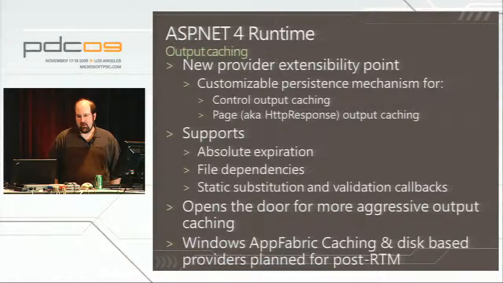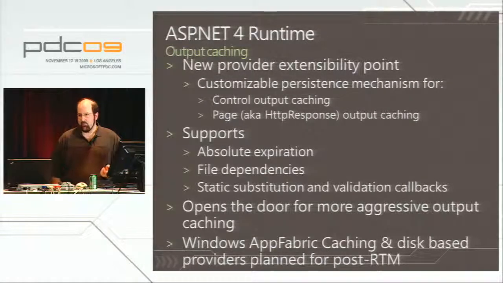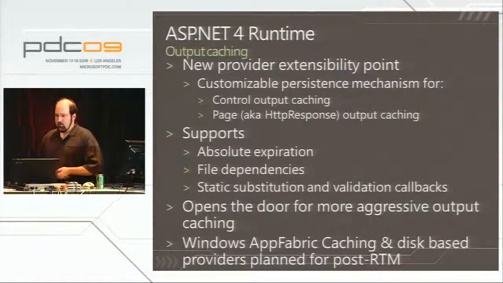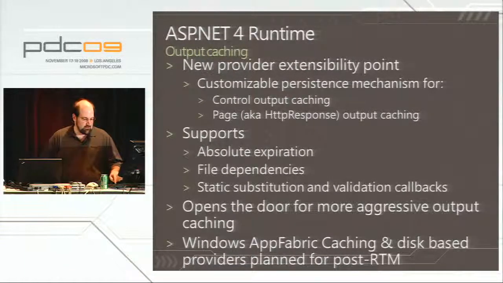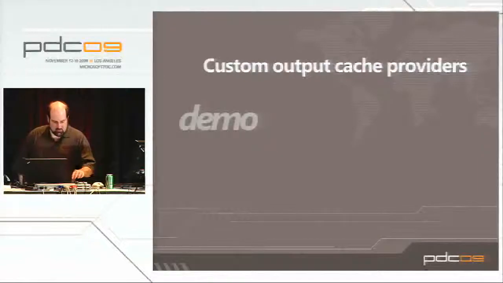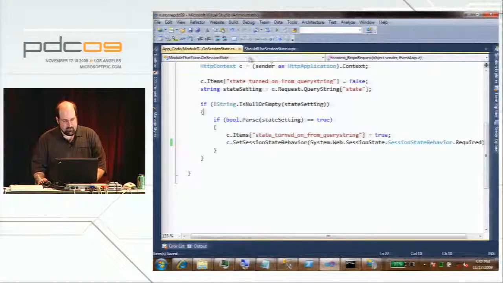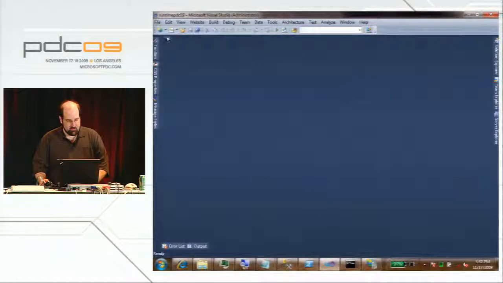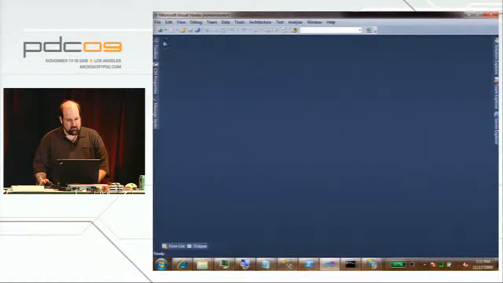And again, the plan is since we've got the extensibility point in the 4.0 product, that gives us the freedom next year when we have some more breathing room to actually build out the providers, probably pop them up on CodePlex initially, and then eventually move them up to production grade. So with that said, let's switch back again to the demo laptop, and I'll walk you through the Velocity prototype that we've got right now.